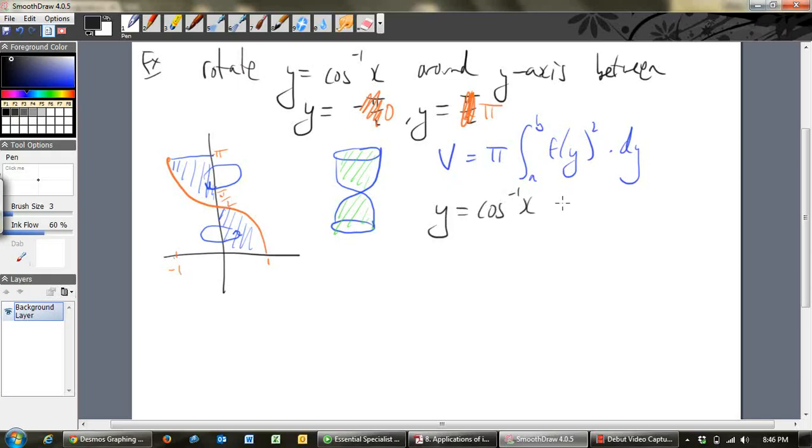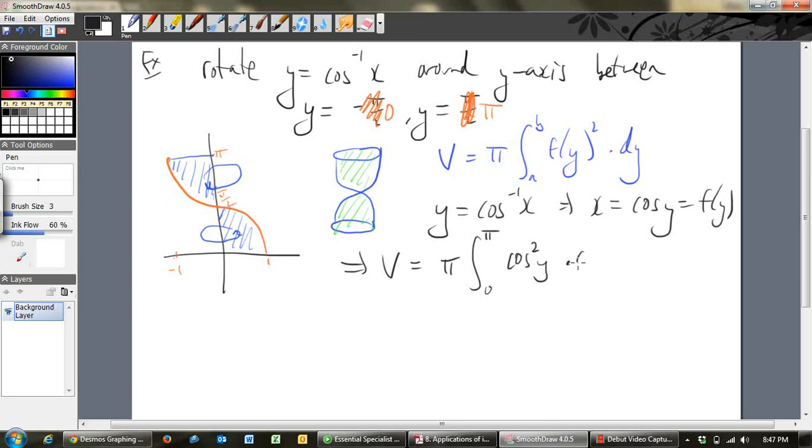We need to rearrange this for x. So therefore, x is equal to cos y. That is our function of y. So therefore, volume is equal to pi between, what are our y values? Between 0 and pi of our function of y, which is cos y, squared, dy. Okay, so that's our volume.